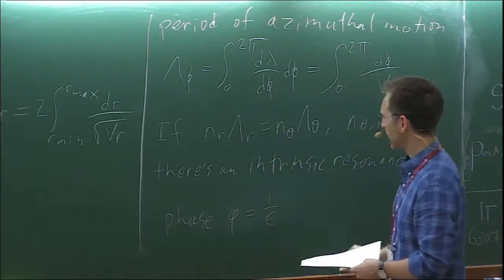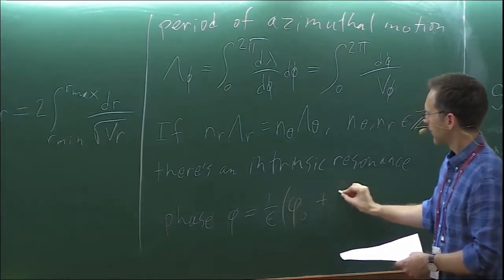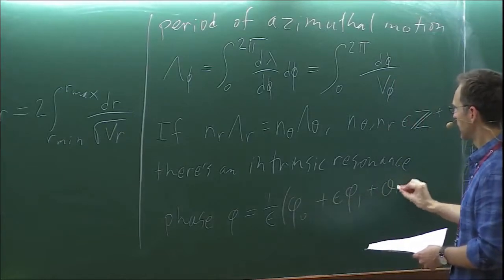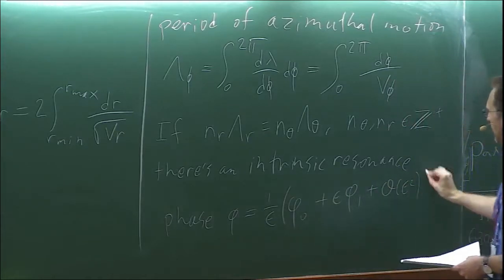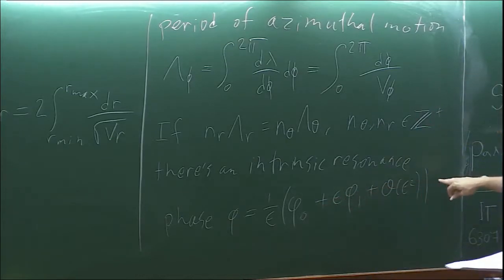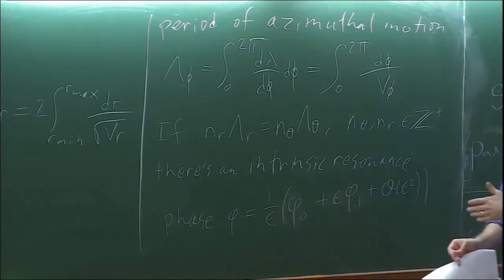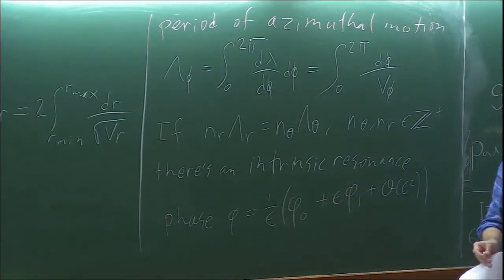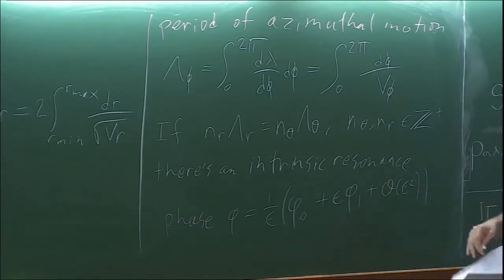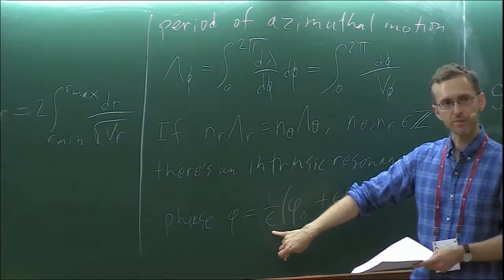That has a form that I'll get back to in a second, but it's roughly of this form. And this is the form in the absence of resonances. So it starts at 1 over epsilon because the phase accumulates roughly linearly in time. So if you wait for a full inspiral, which is order 1 over epsilon time, your phase also has 1 over epsilon accumulated.